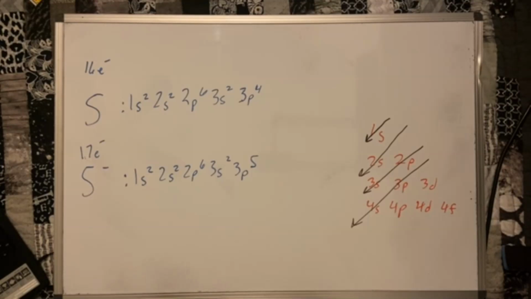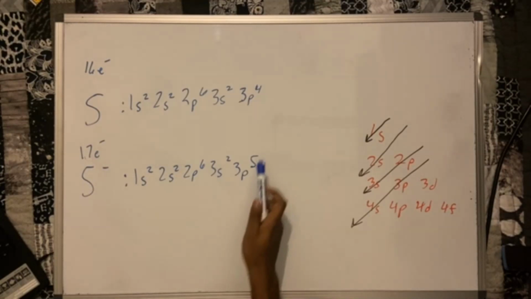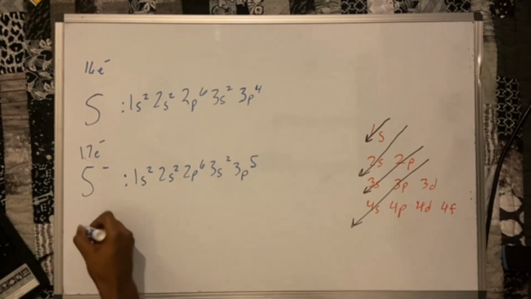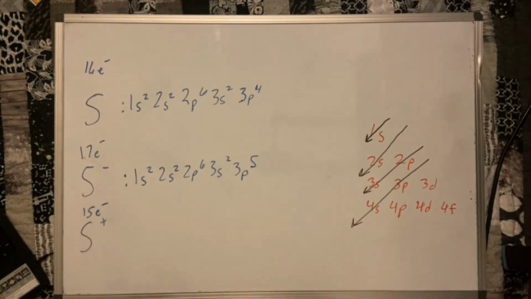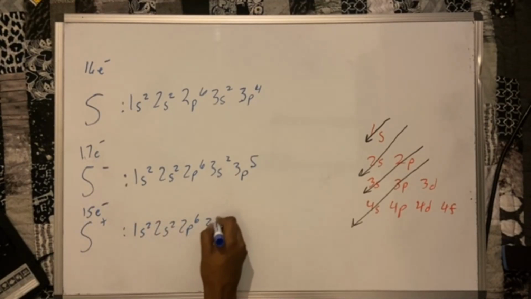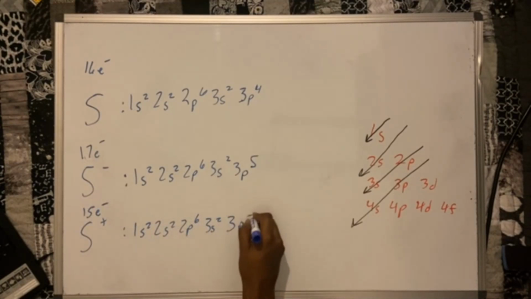Remember, we add and remove electrons from our highest orbital. So if it was S plus instead, that would be 15 electrons, and it'd be 1s2, 2s2, 2p6, 3s2, and 3p3.